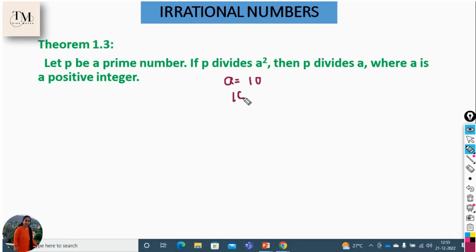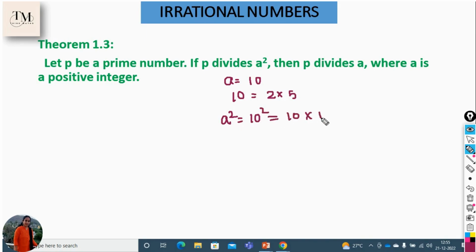So 10 can be factorized as 2 into 5. a square is 10 square, that is 10 into 10.